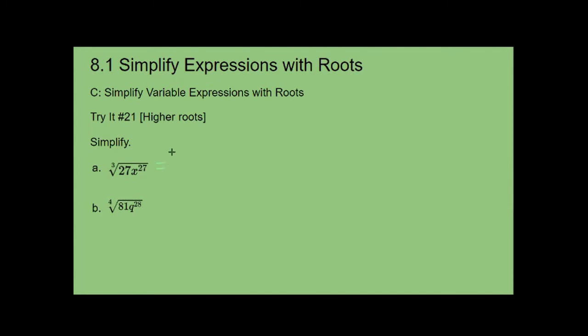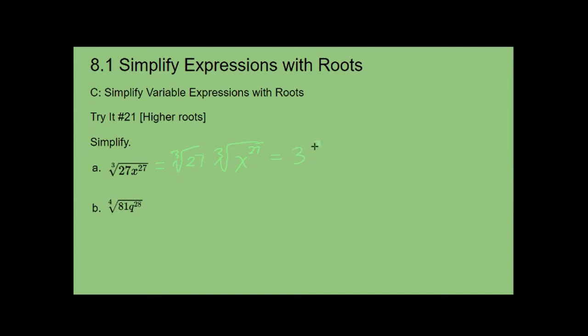So let's go ahead and rewrite these as the cube root of 27 times the cube root of x to the 27. Okay, cube root of 27 is 3. This is where it comes in really handy to have some of those lower powers and roots memorized.